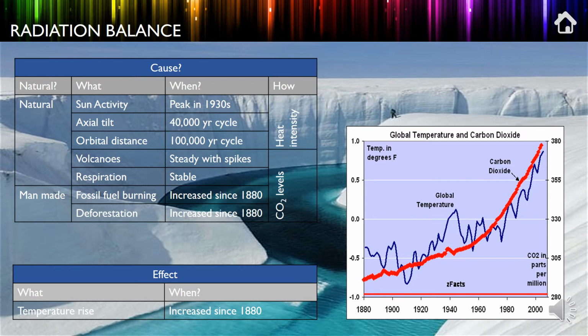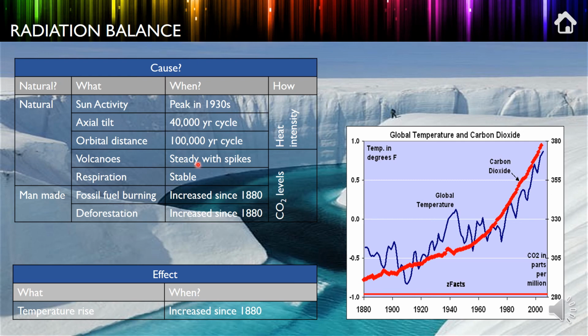So the climate change deniers will try and confuse us and talk about the natural cycles and so on. Now there are natural causes of temperature change, but they're on incredibly long cycles, 100,000 years, and even the shorter ones, such as sun activity, are actually at minimums now. So the heat intensity does vary, but not as quickly as we're seeing.